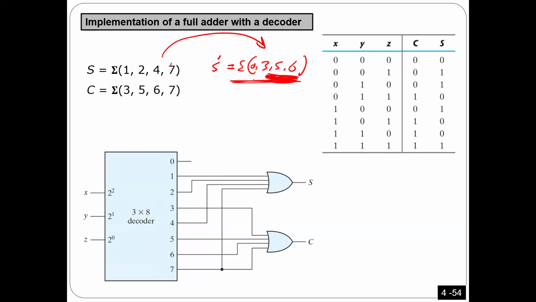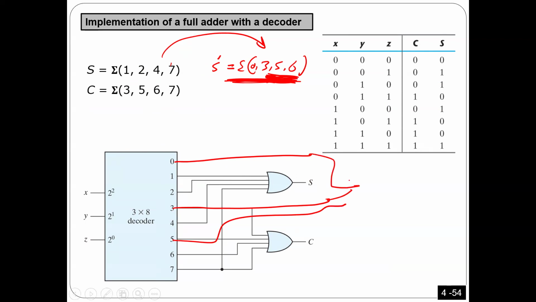Or, I can implement the function from S prime. So if I take 0, and then I take 3, and then number 5, and then number 6, and then I do OR, this will give me S prime. Is that okay? But I can put an inverter here, and this will give me S.